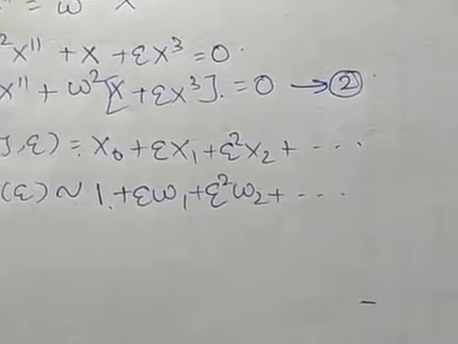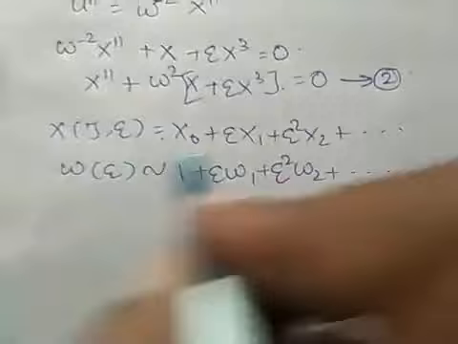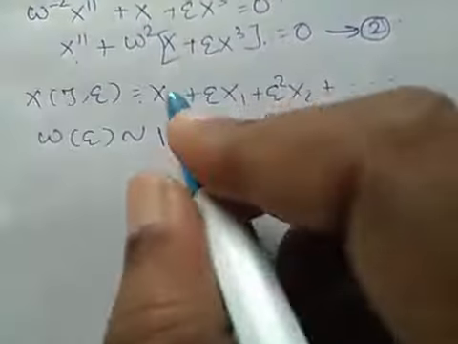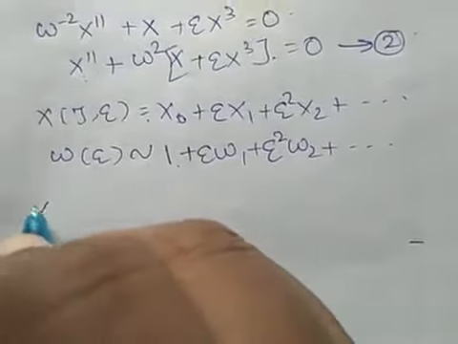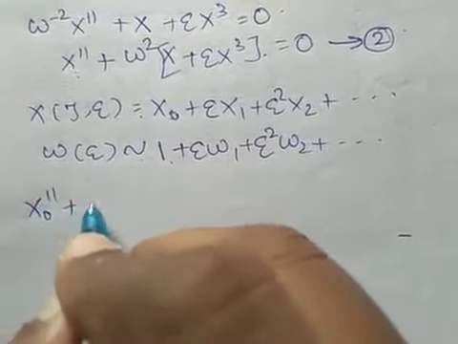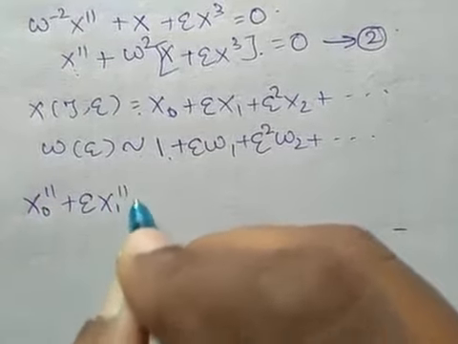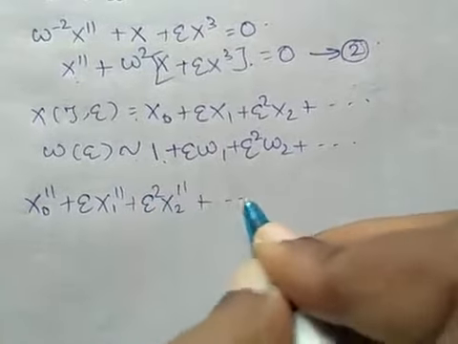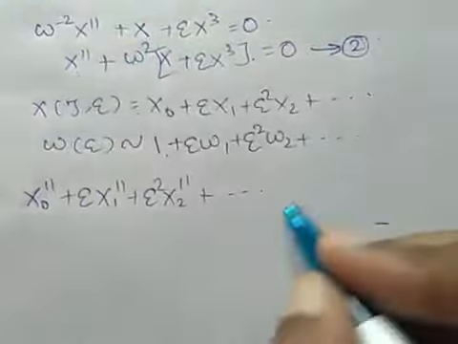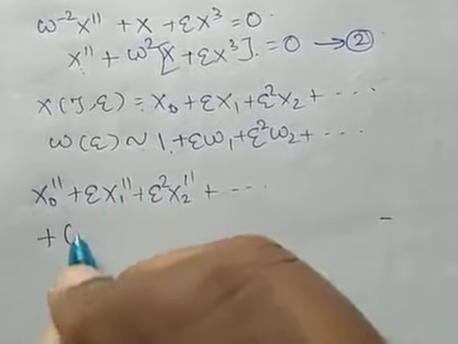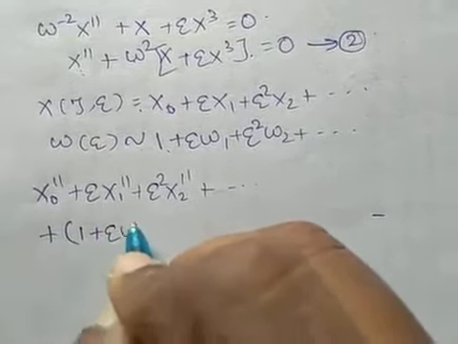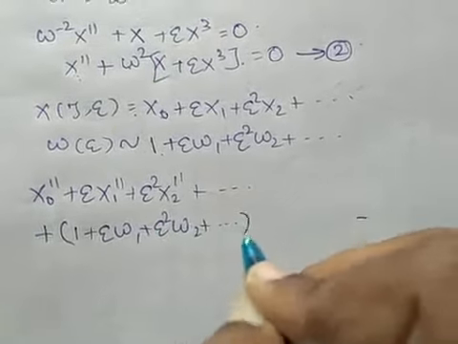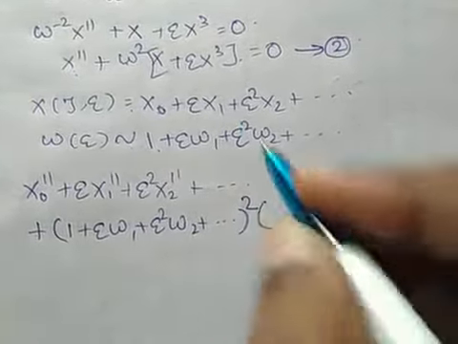After substituting in equation 2, we get the equation as: first is x double dash, differentiating this twice, we get x naught double dash plus epsilon x1 double dash plus epsilon square x2 double dash etc., plus omega square. Omega square is 1 plus epsilon omega 1 plus epsilon square omega 2 etc., whole square into x.